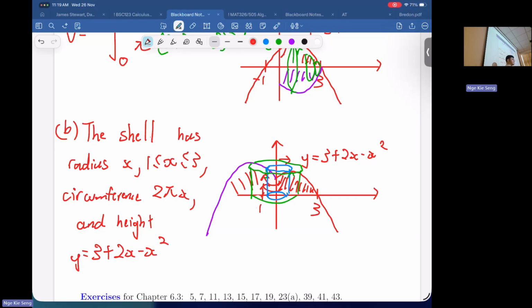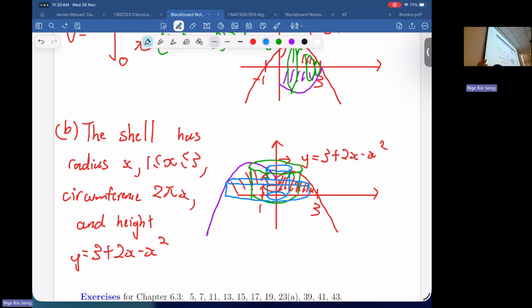This height here will also depend on my x. So if you go further, the cylinder will go up and then go down. Although the radius gets wider, the height decreases.